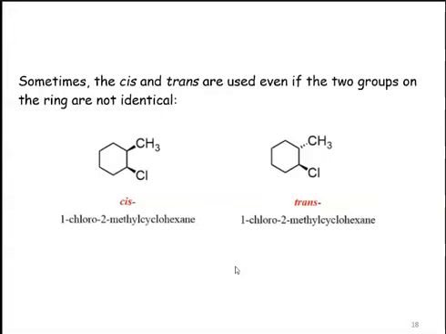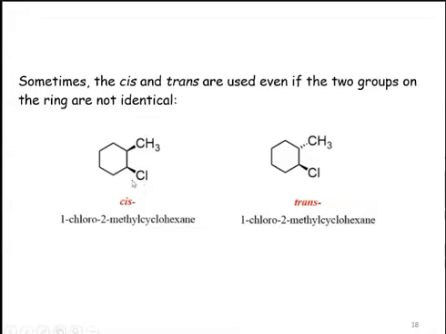Now, sometimes it has been observed that cis and trans isomerism is also used even if the two groups on the ring are not identical. In the earlier example, two CH3 groups were attached at positions 1 and 2 of cyclohexane.